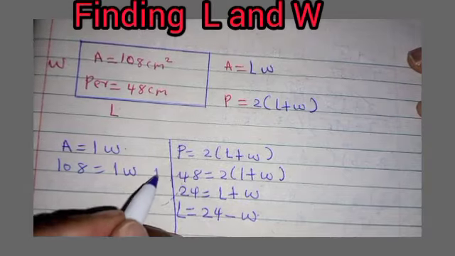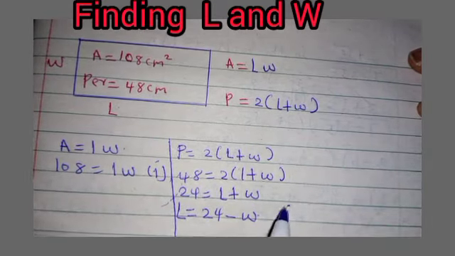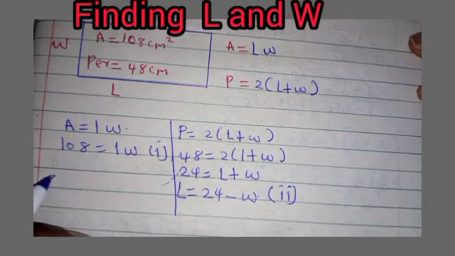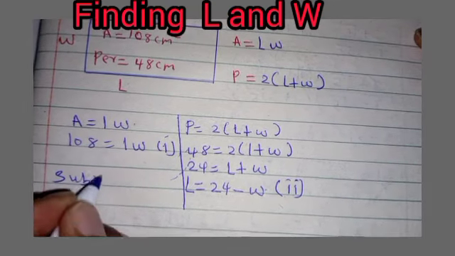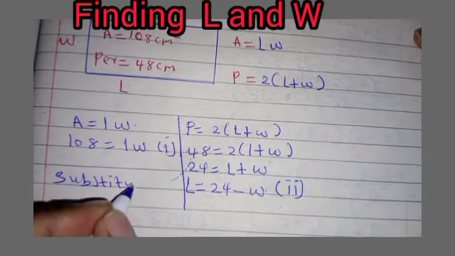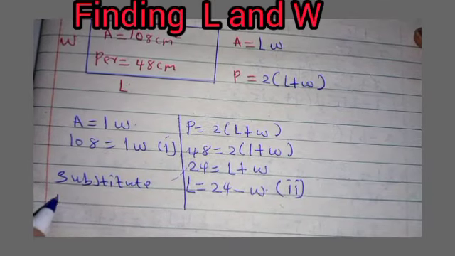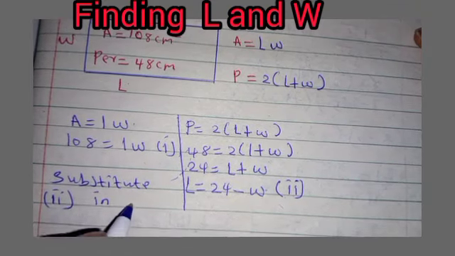So this equation here, you can call it equation 1. This other equation here, we can call it equation 2. Then from there, what we do, we substitute 2 in 1.